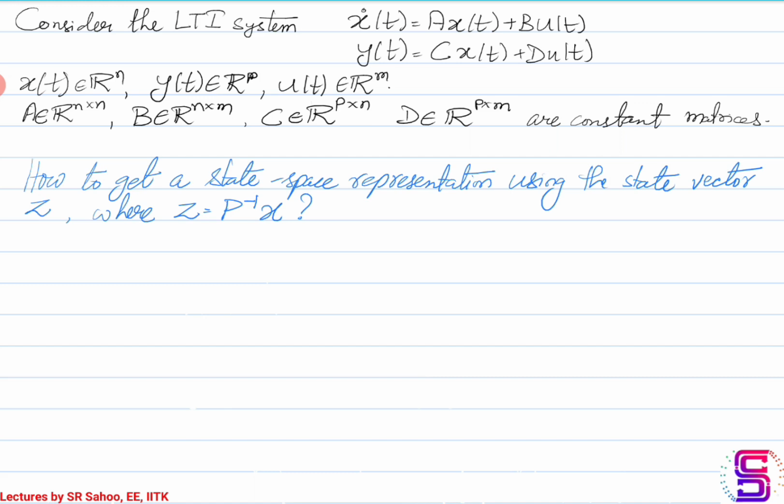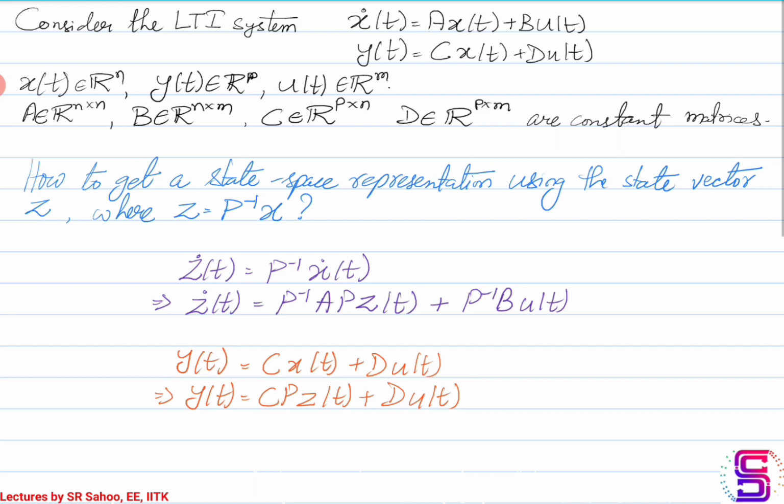Okay. So what we do is take the derivative of z equal to P inverse x with respect to time, and on substitution, what we get is z dot is P inverse AP z plus P inverse B u. Now we already have the output of the form Cx plus Du. So in place of x, if we replace it with Pz, then we have y equal to CPz plus Du.